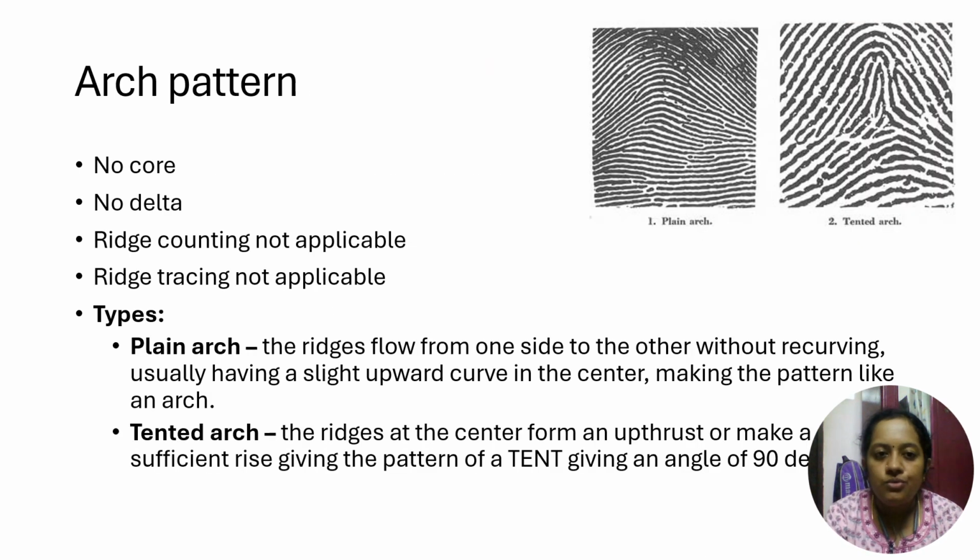Next we move on to the arch pattern, where we have no core, no delta, just the arch. Over here you can see that there are only arches and no core. You can see no delta over here. They just go by the flow. It is either plain or tented. Ridge counting is not applicable over here, and ridge tracing is also not applicable.